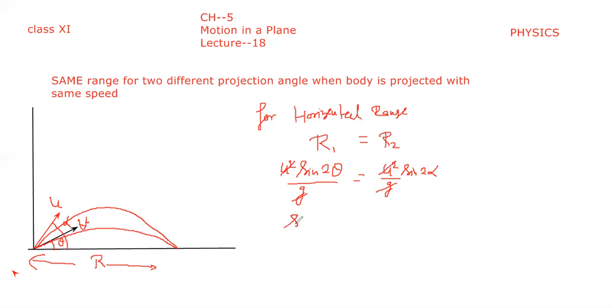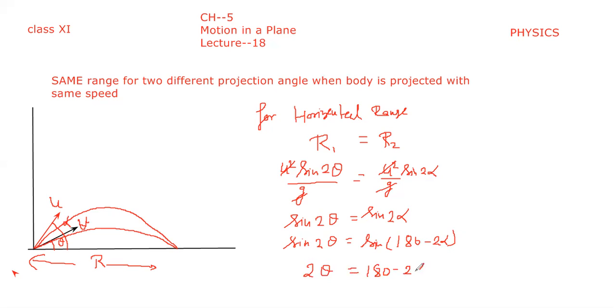Finally we get sine 2 theta equal to sine 2 alpha, or we can write sine 2 theta equal to sine of (180 minus 2 alpha), because we know that sine (180 minus alpha) equals sine alpha. So from here we get 2 theta equal to 180 minus 2 alpha. Dividing by 2, theta equals 90 minus alpha, or alpha plus theta equals 90 degrees.